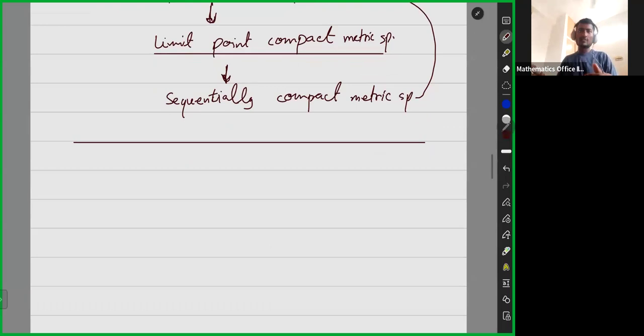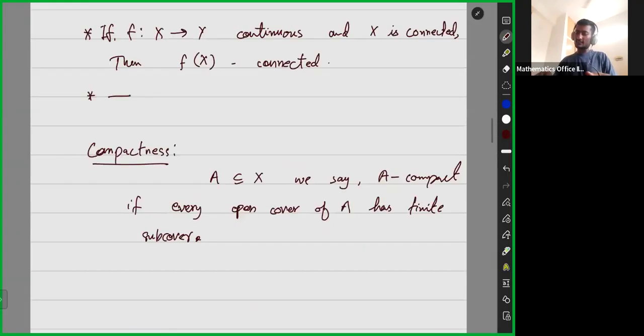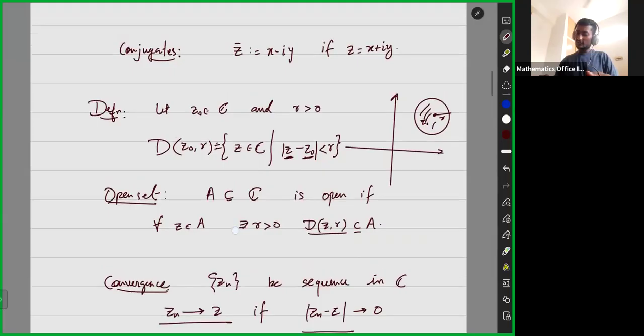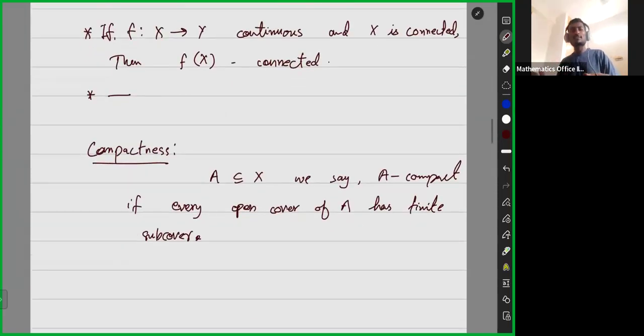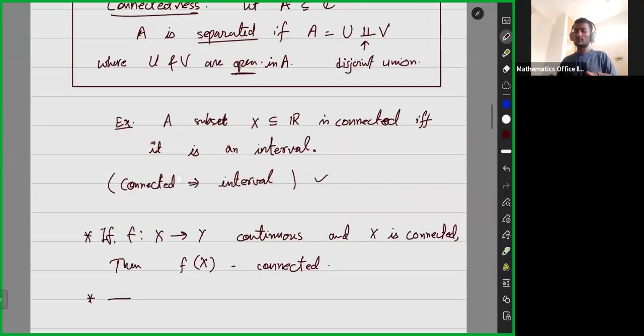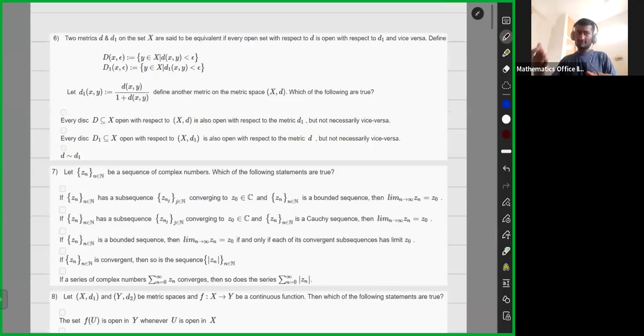So in the class assignment problems, the first 4 or 5 problems are very easy, right? Those who know this much can solve what is the conjugate of a plus ib, something like this. So those problems I'm not adding here. I'm adding some interesting problems, like problem number 6.